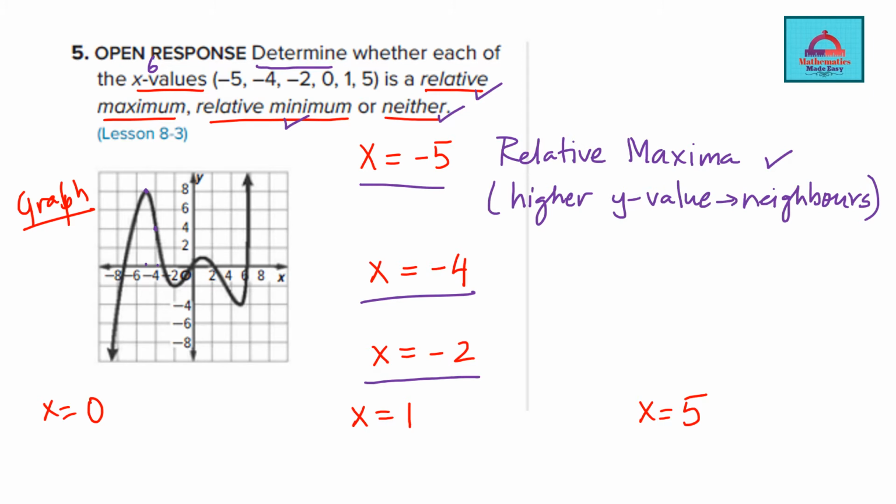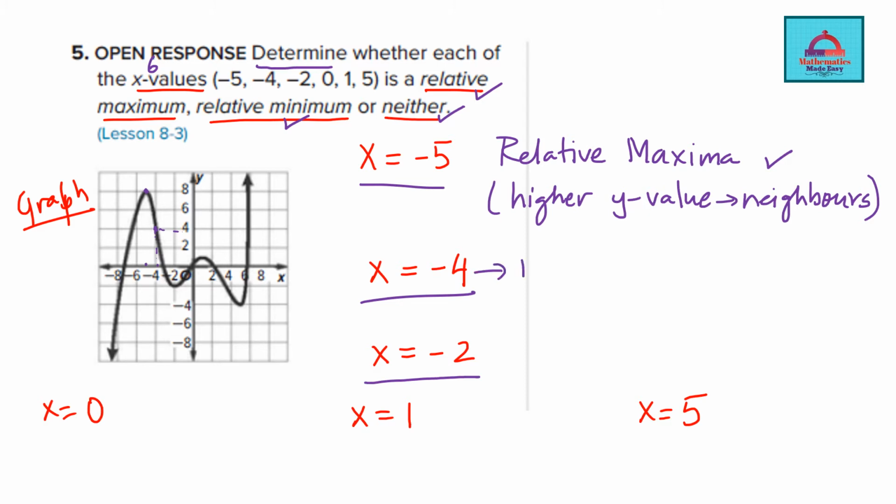Now at this point, x equal to -2, again the graph is changing direction. So if you look at -4, the graph just keeps on decreasing. There is no change as such. And if you look at the corresponding y value, approximately it is 4 here, which is quite lesser than this. So as such, at -4, we cannot very clearly say that it is relative maxima or relative minima.